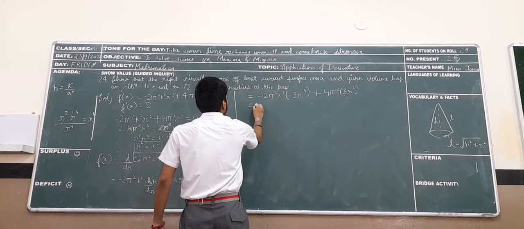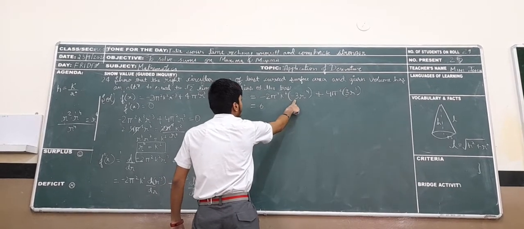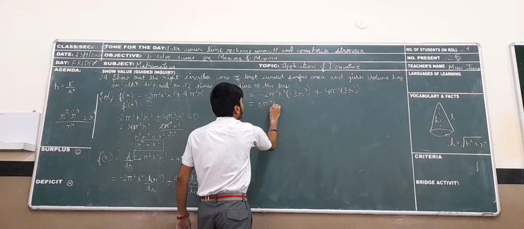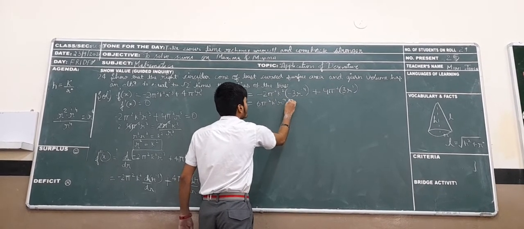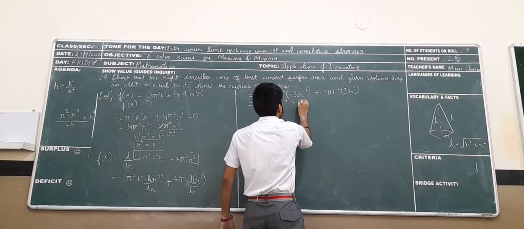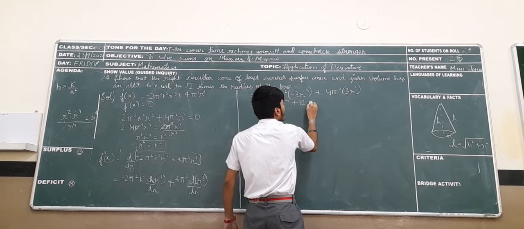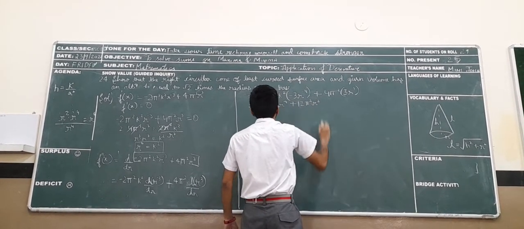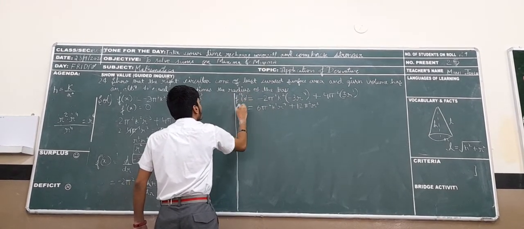Now we will multiply this. It will be plus 6, minus 2 into minus 3, it will be 6π²k² r to the power of minus 4 plus, we will multiply here also, it will be 12π²r². This is the double differentiation.